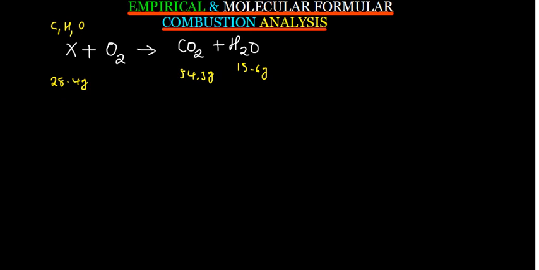Find the empirical formula of the compound. I've not been given the molecular formula, just the mass of that compound. This one contains not only carbon and hydrogen but also oxygen.